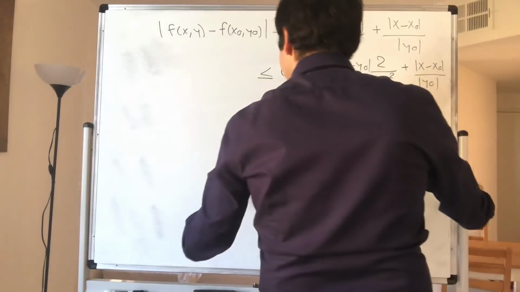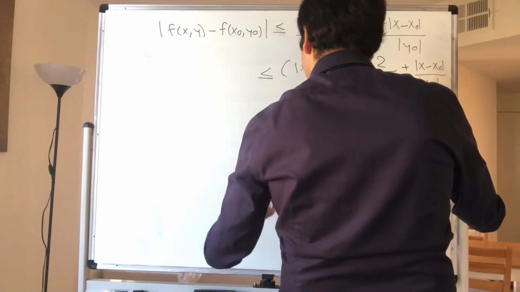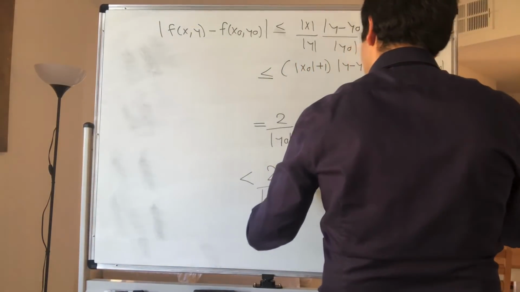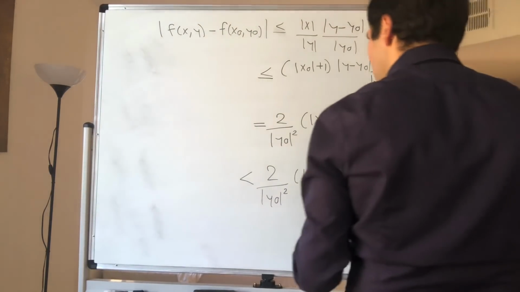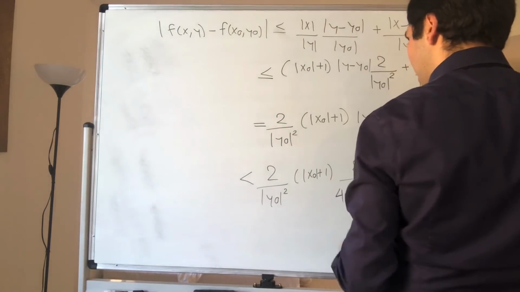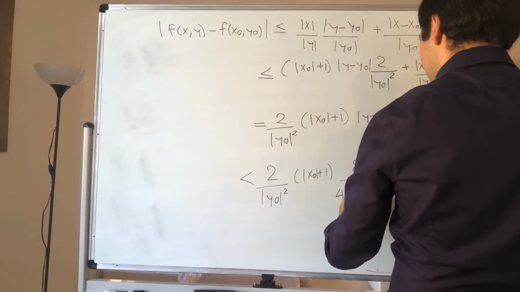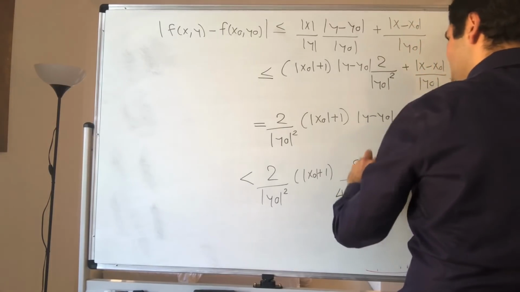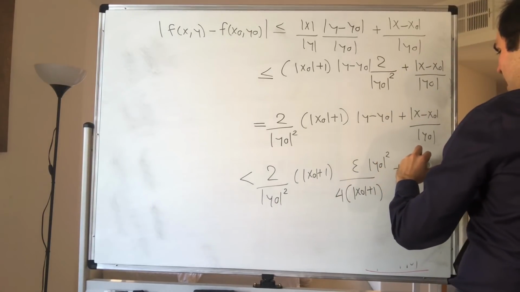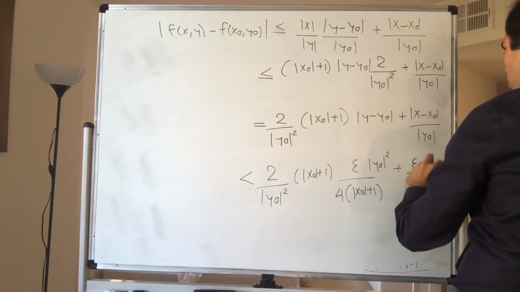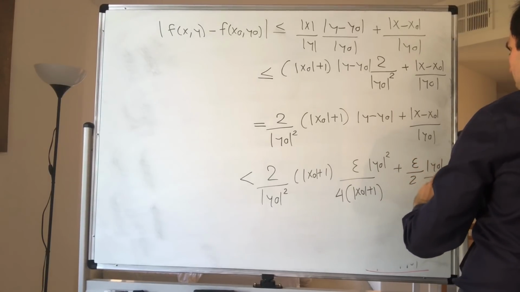And then that is less than 2 over y naught squared times |x naught| plus 1, and then epsilon over 4 times |x naught| plus 1 times y naught squared, plus here epsilon over 2 times |y naught| over |y naught|.